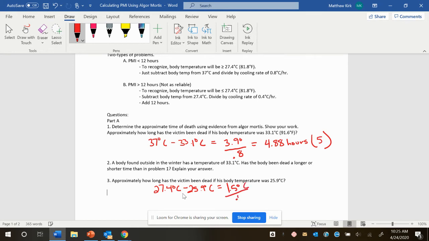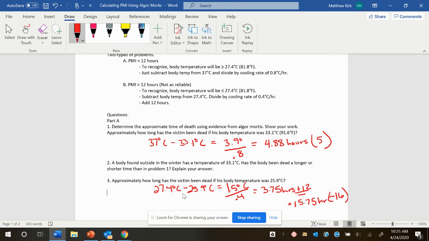And then I divide it by the cooling rate after 12 hours, 0.4. Because by doing it this way, I'm figuring out how many more hours past 12 hours it's been. And I get an answer of 3.75 hours. But that's after 12, so I have to go back and add that 12 back in there. And I would have my PMI of 15.75 hours, or roughly about 16 hours since death.